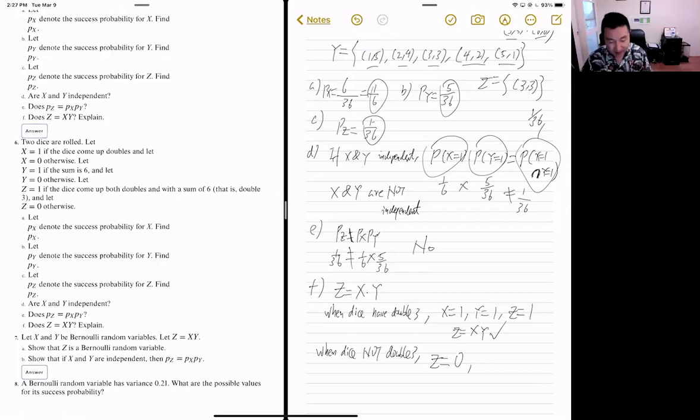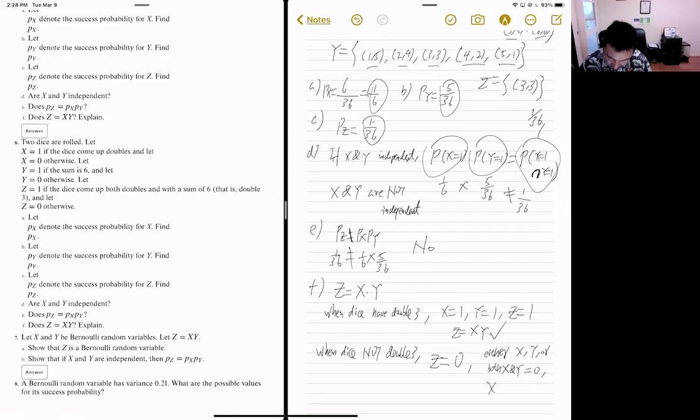That means at least one of x and y equals 0.